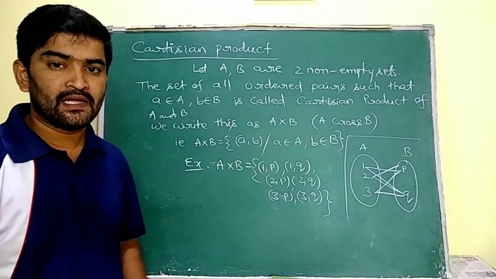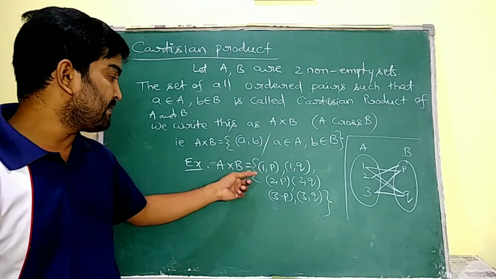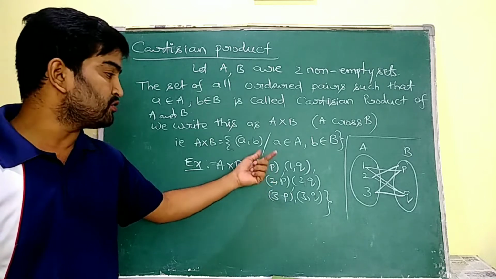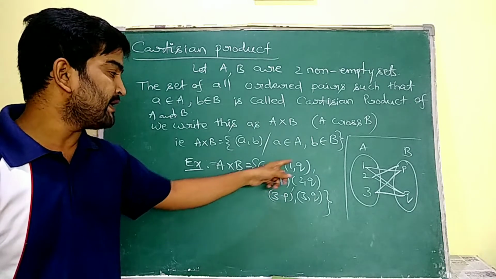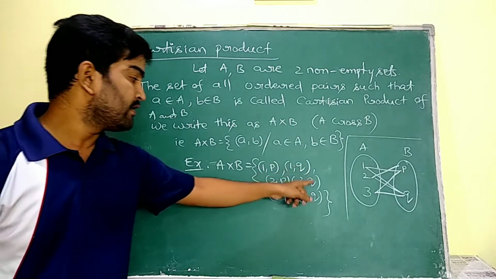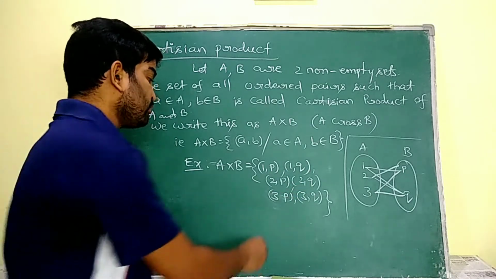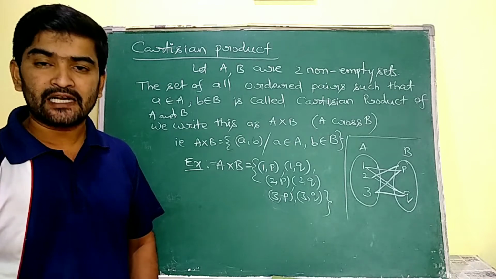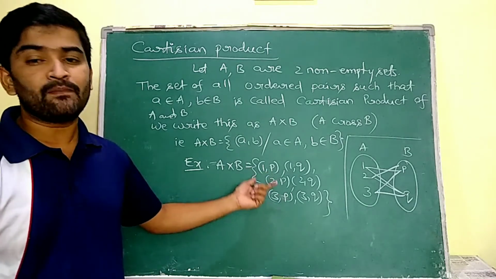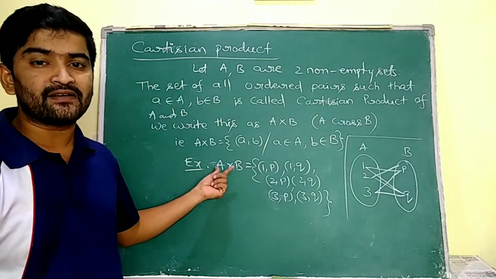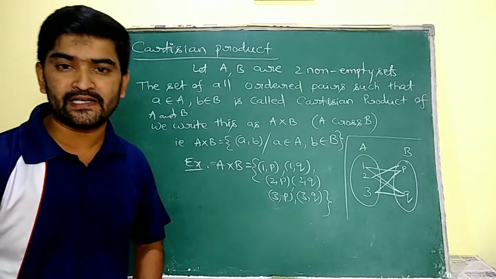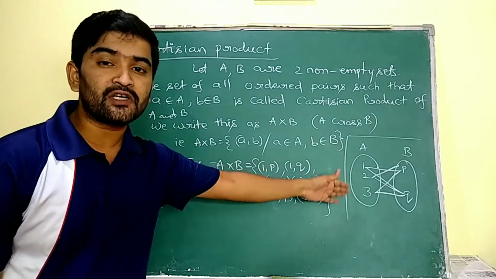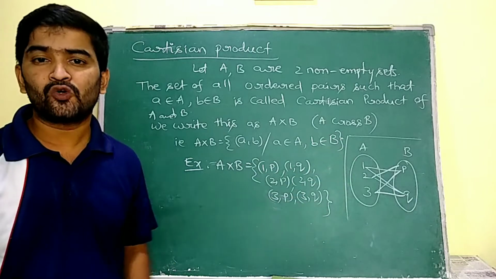So how many ordered pairs do we get in this set? (1,p), (1,q), (2,p), (2,q), (3,p), (3,q). Totally I got 6 ordered pairs. That means the total number of elements in A cross B, the Cartesian product, is the product of the number of elements in the two non-empty sets.